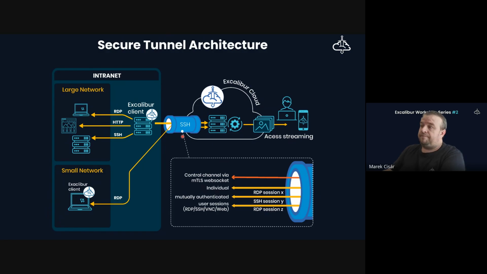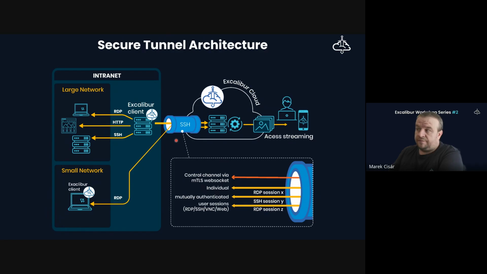Okay, when the Excalibur tunneling client successfully connects to the Excalibur cloud, it creates encrypted and secured connection between the cloud environment and on-prem network. That secured connection is called tunnel because it is then used to be able to connect the users to particular PAM targets.